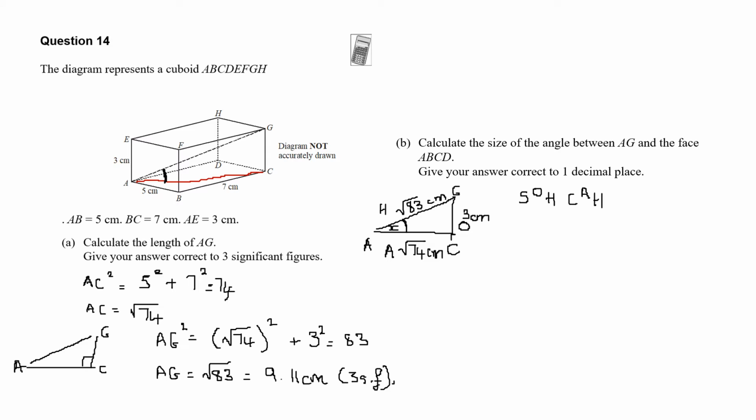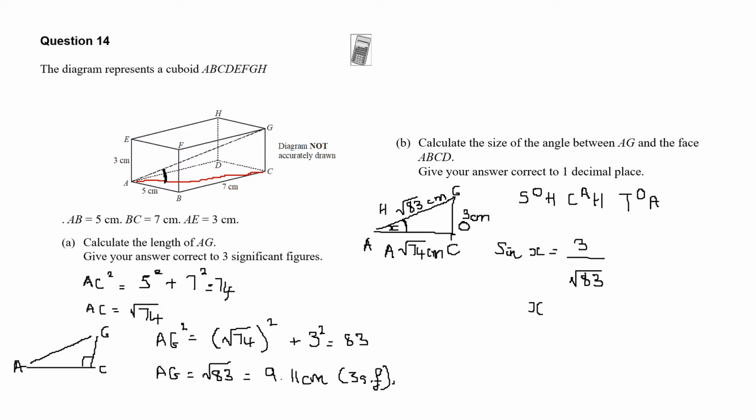So I'm going to use trig ratios, I'm going to use SOHCAHTOA, and I'm going to go with sine. I'm going to use opposite and hypotenuse. So I'm going to say sine x will be equal to opposite, which is 3 centimetres, over hypotenuse, which is root 83.